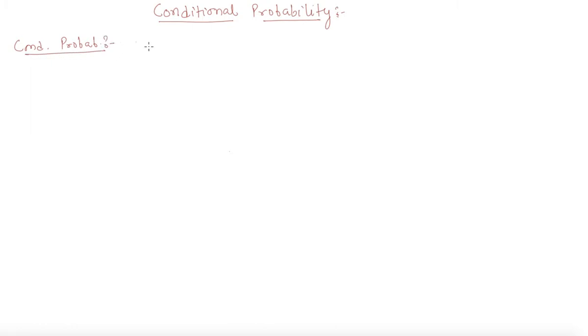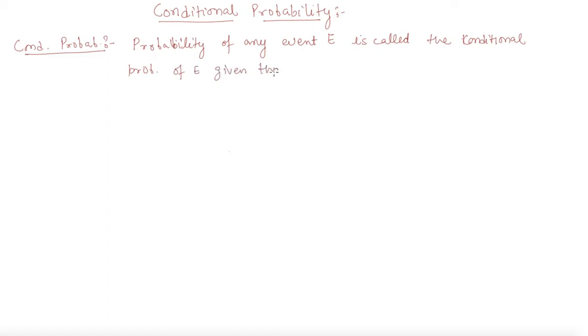So the probability of any event E is called the conditional probability of E given that event F has already occurred.